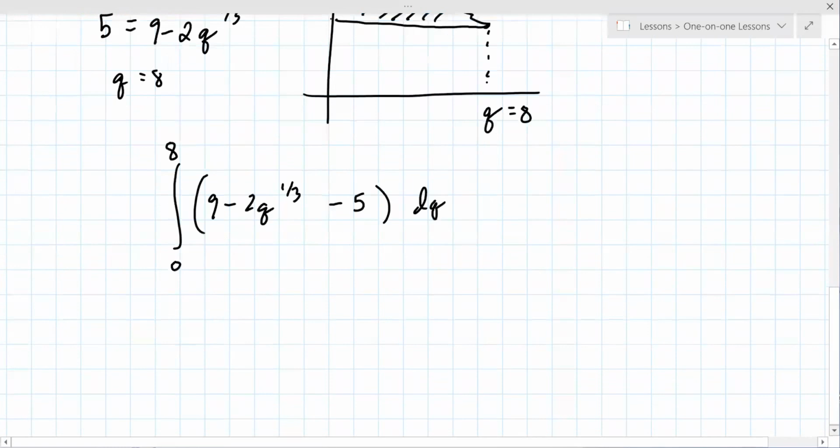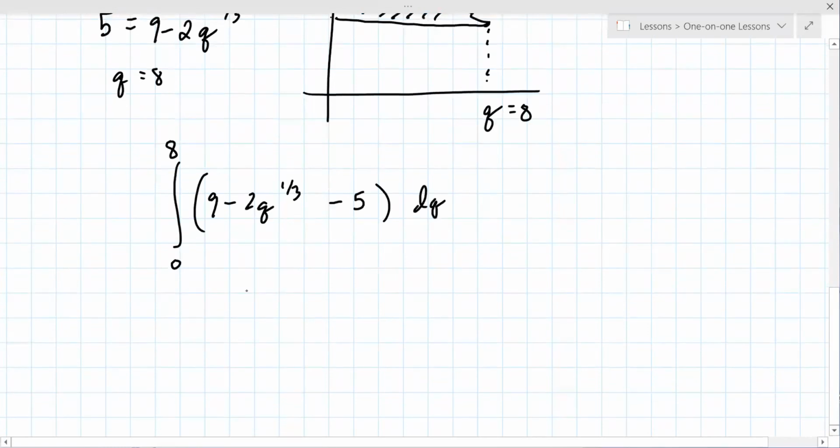This one's just rounded to the nearest cent. So you're getting 4 minus 2q to the 1/3. So it's 4q minus q to the 4/3, times 3/4. And you evaluate that from 0 to 8.